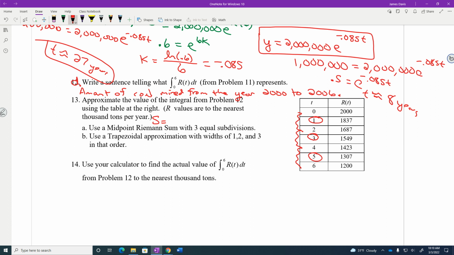The delta x is the same because it's equal, so we could even pull that out. So it's 2 times. And if you didn't pull that out, it's not a big deal. You could just do 2 times each one. But that's our delta x on each one. And then our heights are just going to be the midpoint values there. It's going to be 1837 plus 1549 plus 1307.